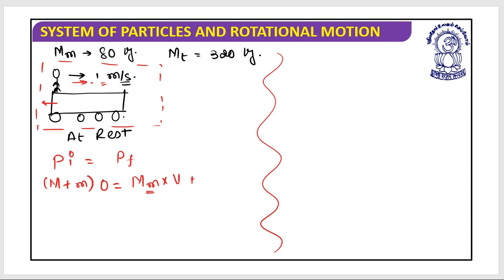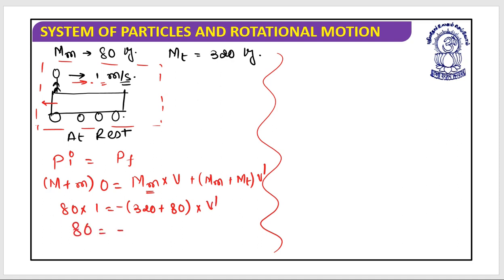So when a person is moving in this direction and the trolley is moving in this direction, not only the trolley but the person as well as the trolley is moving in this direction. So this is 80 into 1. That should be equal to 320 plus 80 into v dash, and this would be negative.